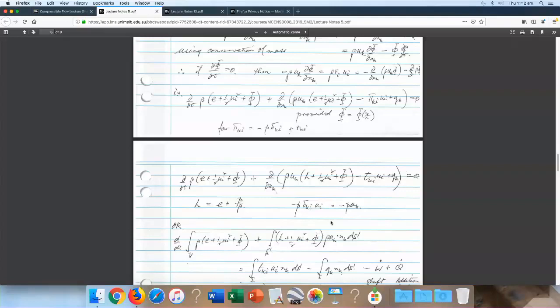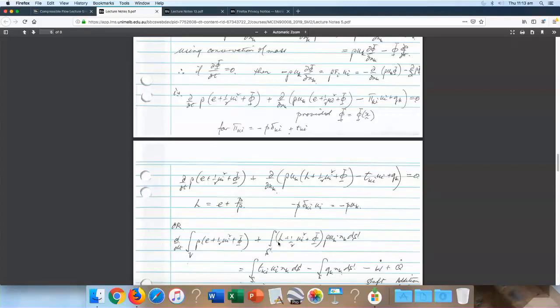And so that rho UK becomes minus PUK, and so I can include that in with the energy, internal energy E. And so I have E, which is H plus P over rho, right?